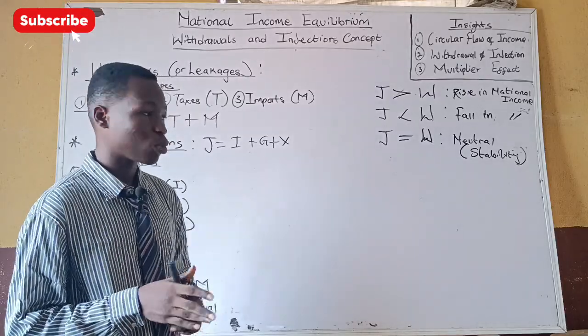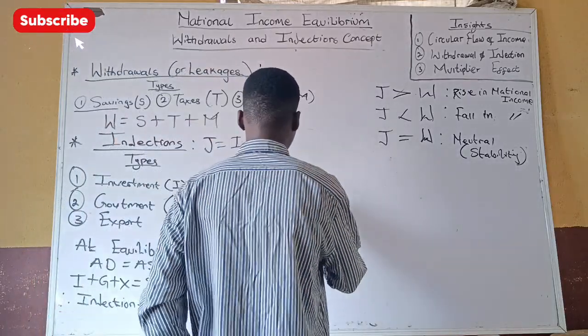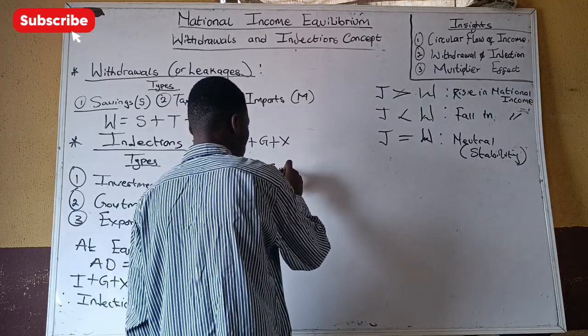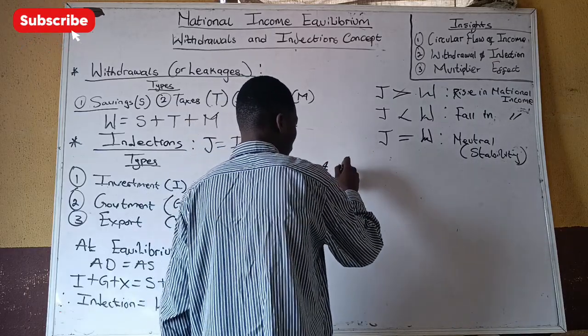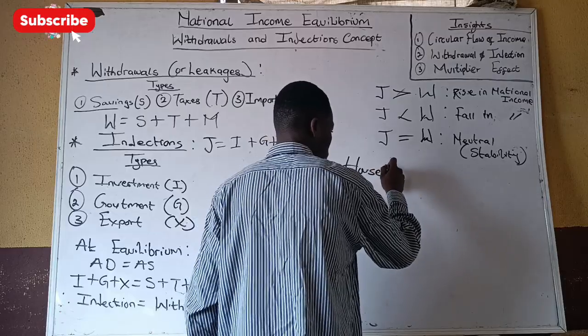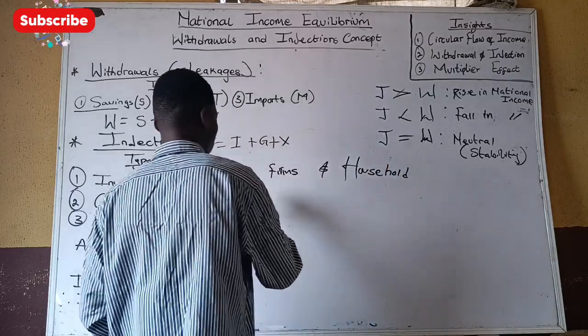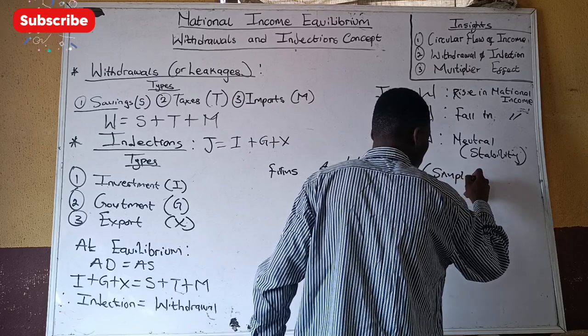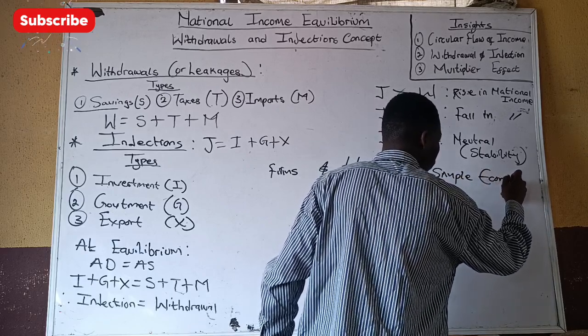Foreigners. Now let's look at simple economy, whereby we have only firms and what? Household. I said it the other time. So this is for simple economy.